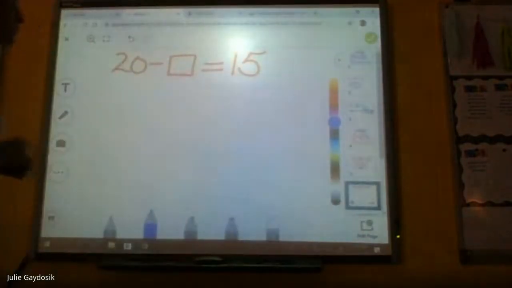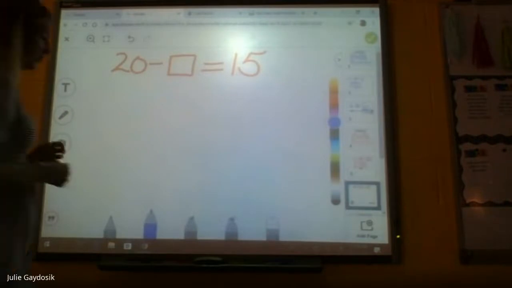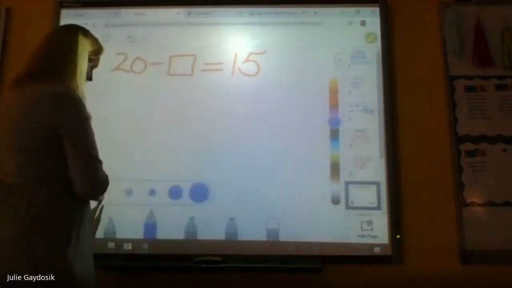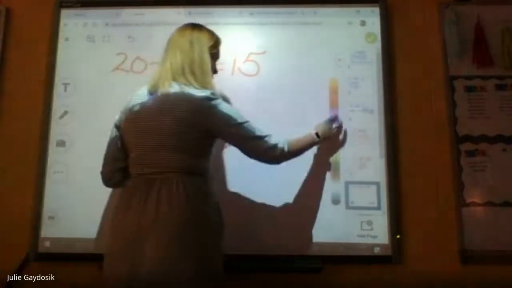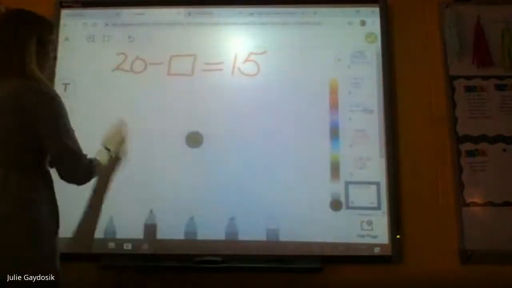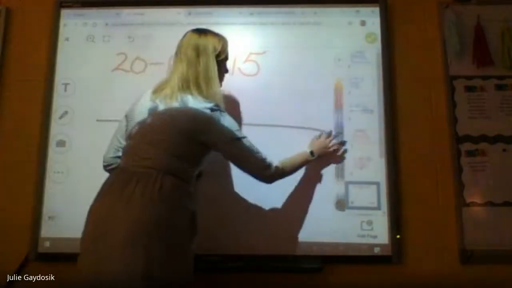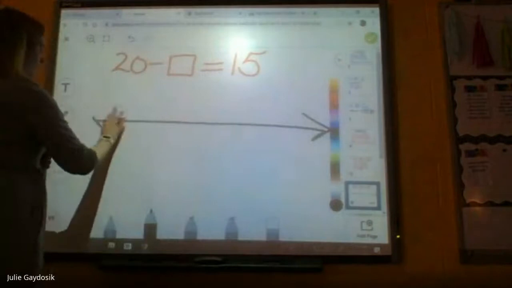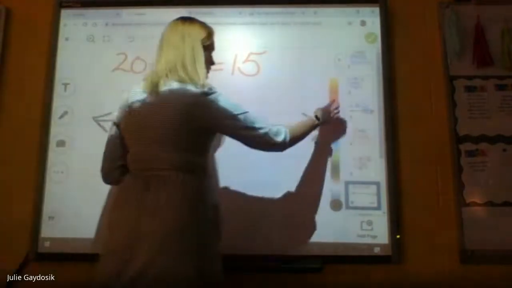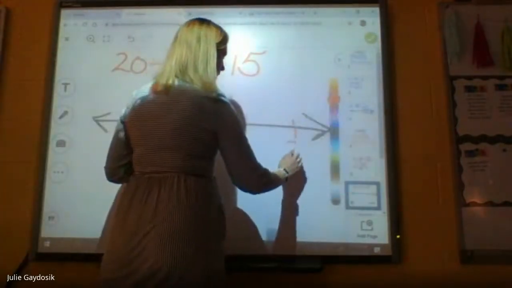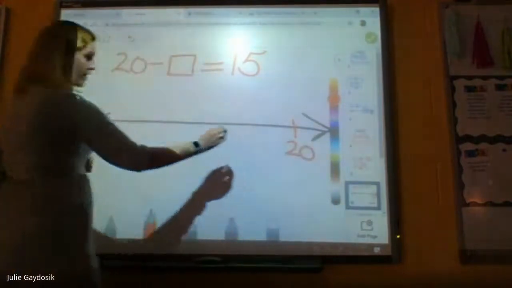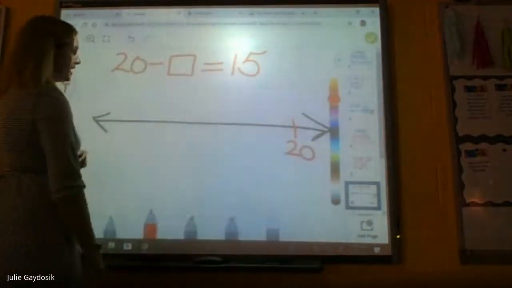Next one, 20 minus unknown equals 15. For this one, I would like you to go ahead and we're going to do an open number line. So remember, in subtraction, you start on that far right-hand side.